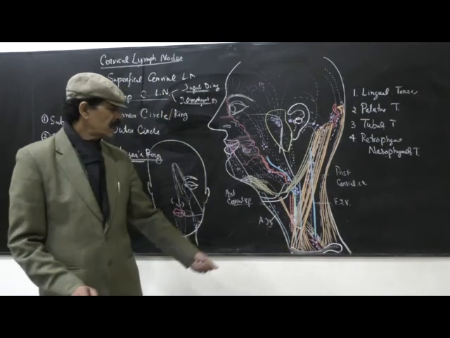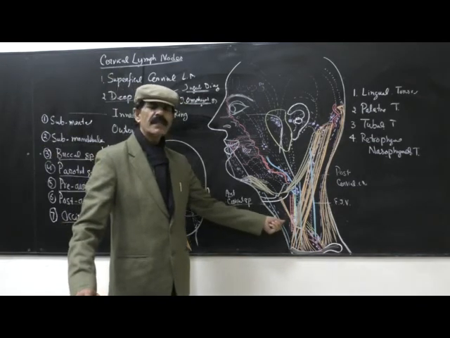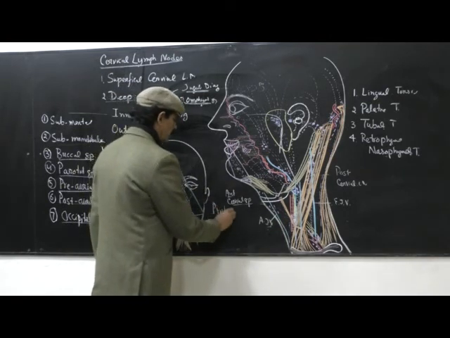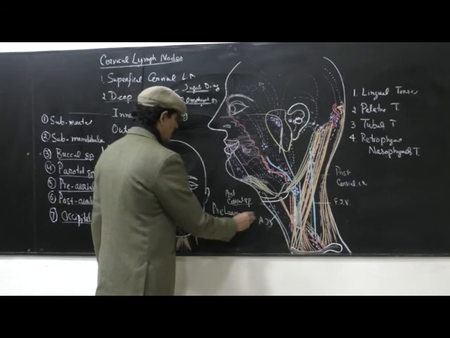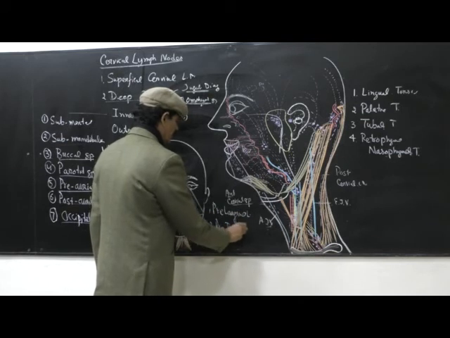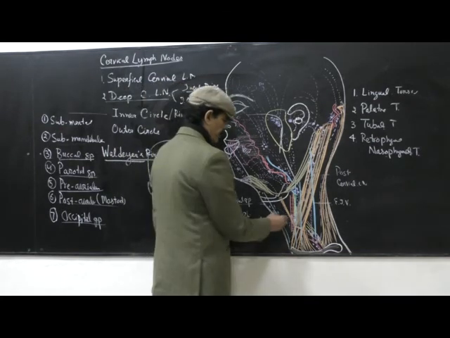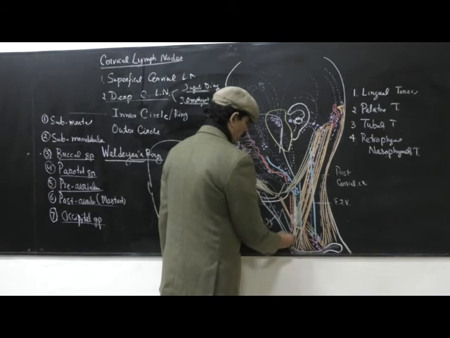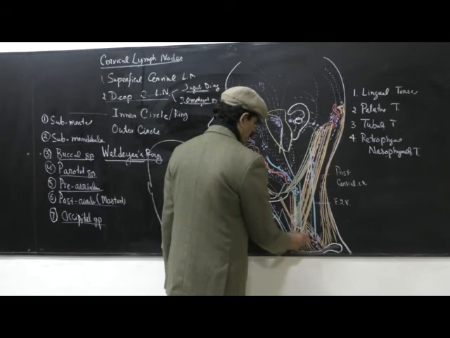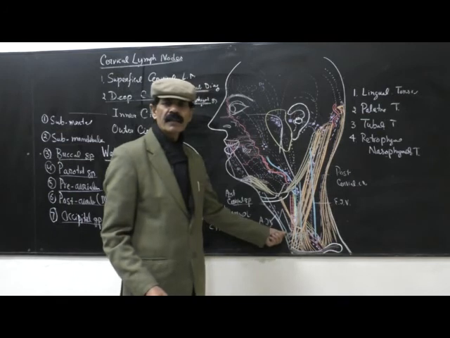Besides this, in the superficial group of the lymph nodes of the neck region come the pre-laryngeal lymph nodes and the pre-tracheal. At the upper end of the trachea and the upper end of the esophagus, there are the two openings, the GIT opening and the respiratory tract opening.